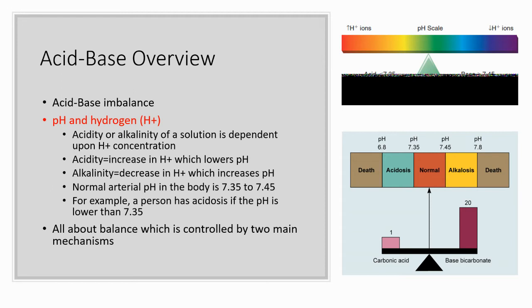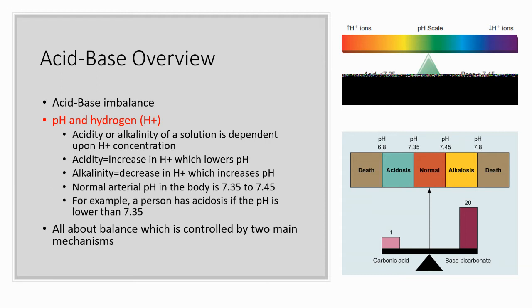Because these acids alter the internal environment of the body, their regulation is necessary to maintain homeostasis and thus acid-base balance. Many health problems can lead to acid-base imbalances. For example, patients with diabetes, chronic obstructive pulmonary disease or COPD, and kidney disease frequently develop acid-base imbalances.